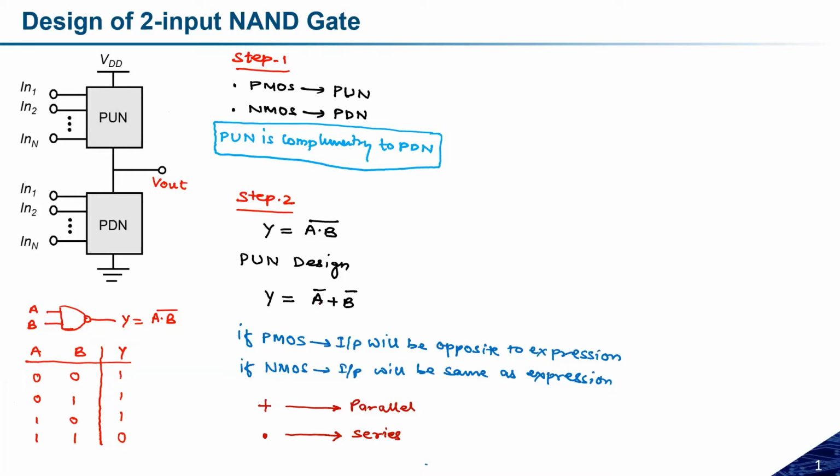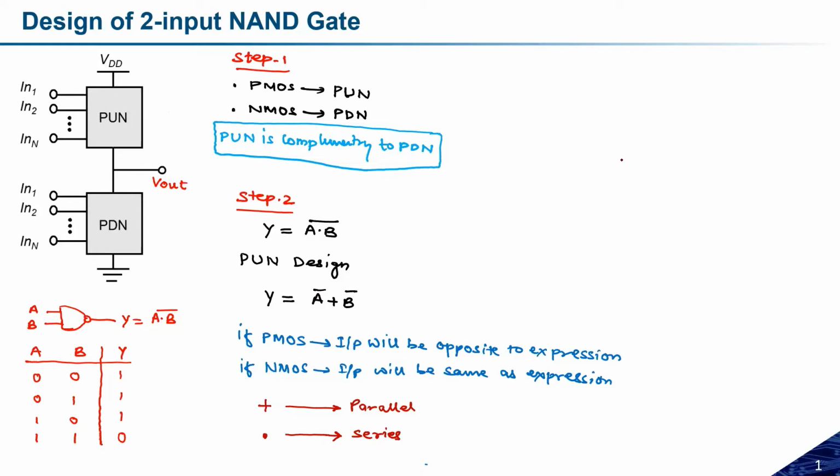Here we have a complement, so the input of the PMOS transistor should be a. Similarly, for b complement, the input of one PMOS transistor should be b. Let us assume we have the expression a bar plus b. In that case, a will be connected directly and we need to connect the second transistor's input with the complement of b. So we need to consider the opposite of whatever expression we have.